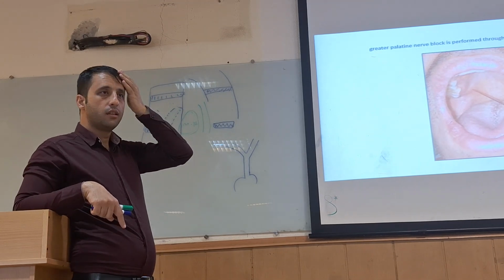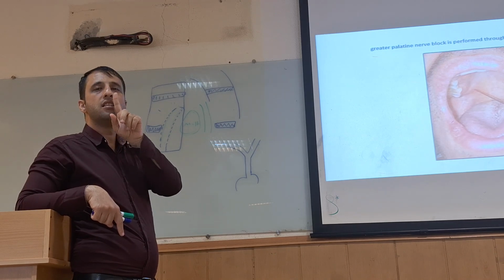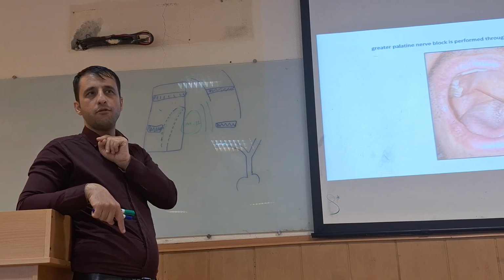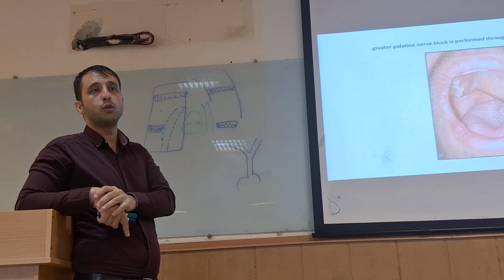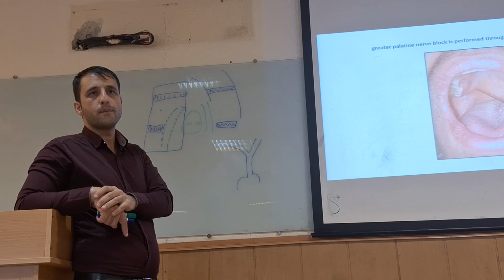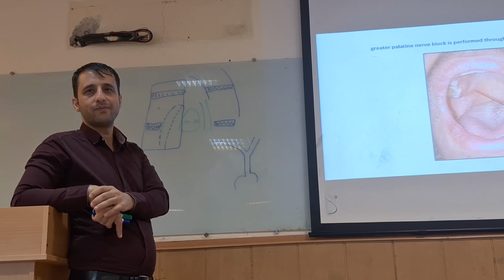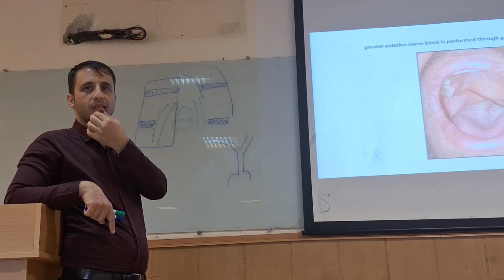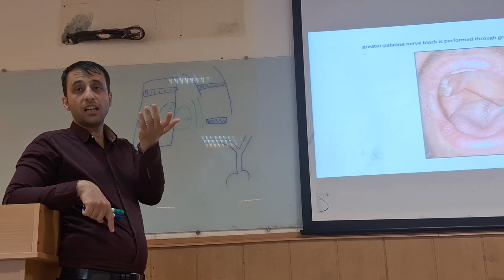Another question. If I insert the anesthesia liquid in the incisive foramen, posterior to the incisive teeth, I have the incisive foramen, yes? Can I remove the incisive teeth without pain? You answer. No. Why?